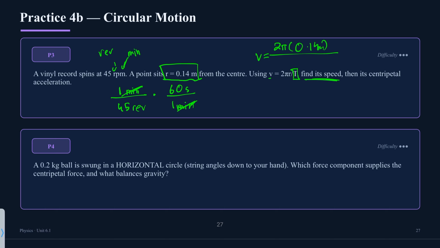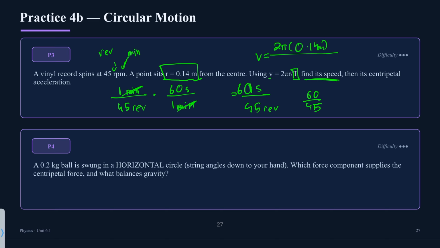The minutes cancel out. Let me write this out clearly so you can see where I'm getting this from. 60 seconds per 45 revolutions, or actually we can just divide 60 by 45, right? And that's the time we take for a revolution.